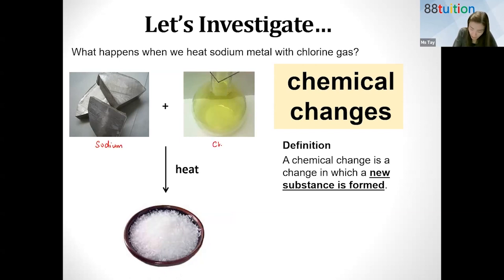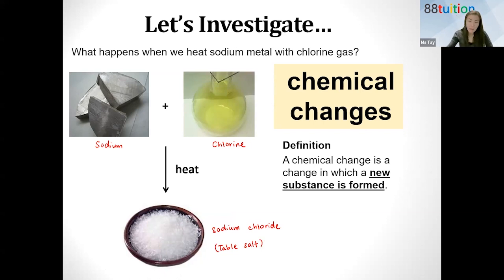When the two combine by heating, we get sodium chloride. And what is sodium chloride? It is actually table salt, or the common salt that we eat all the time. We find this in the kitchen.